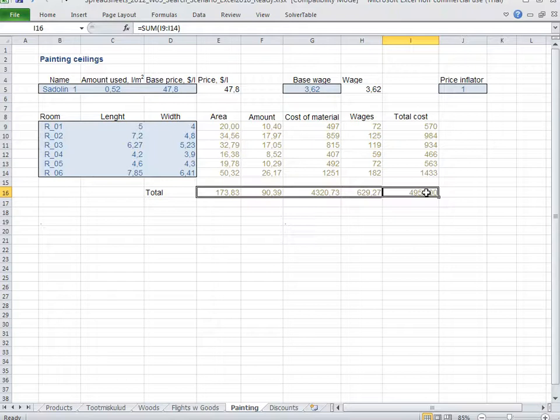Namely, we now have something called a price inflator, which says how big the inflation is in this project or in this society at large.